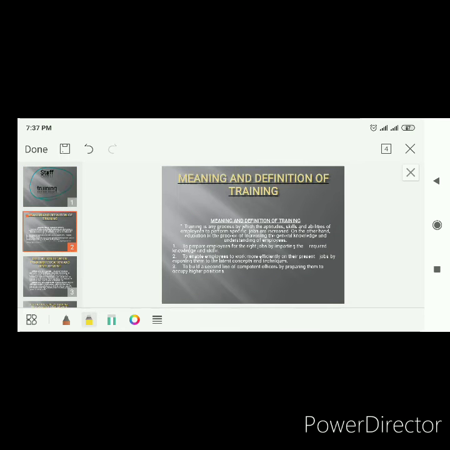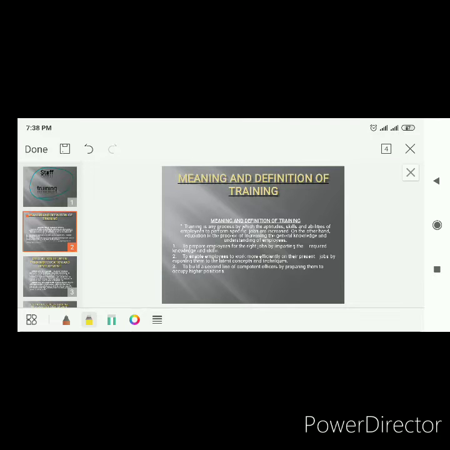These two things have to be taken care of. The meaning is very simple: it's a process of increasing the job knowledge and skill of employees. It is organized and systematic, because if it is not, then it will go haywire. It's a two-way process because there must be someone to learn and someone to teach.